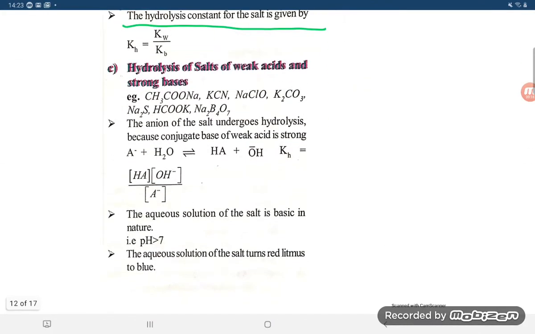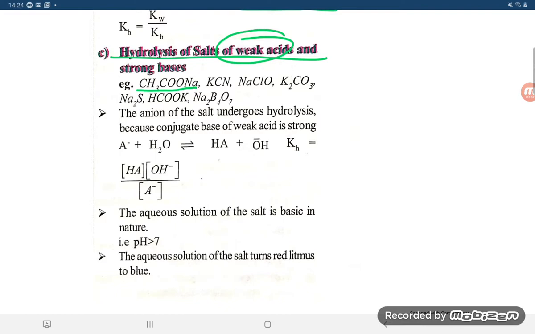Now the next one is hydrolysis of salt of weak acid and strong base. So the solution is basic. CH3COONa, weak acid with strong base, KCN, NaClO, K2CO3, Na2S, HCOOK, Na2B4O7. So they are the salts of weak acid and strong base. The anion of the salt undergoes hydrolysis because the conjugate base of a weak acid is strong.